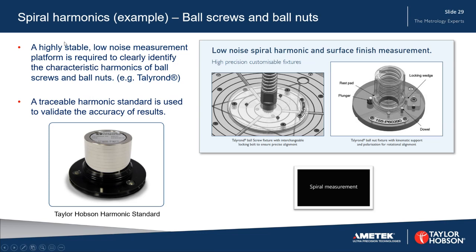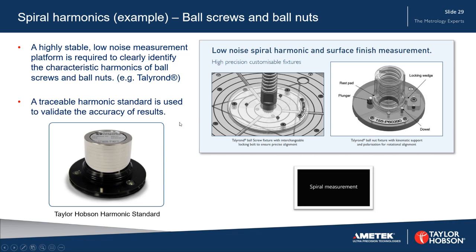And so we need to be able to measure ball screws and ball nuts very, very precisely. And to do that, the measuring instrument must have a low noise capability. Otherwise, we won't be able to distinguish between the noise of the instrument and the noise of the parts themselves.